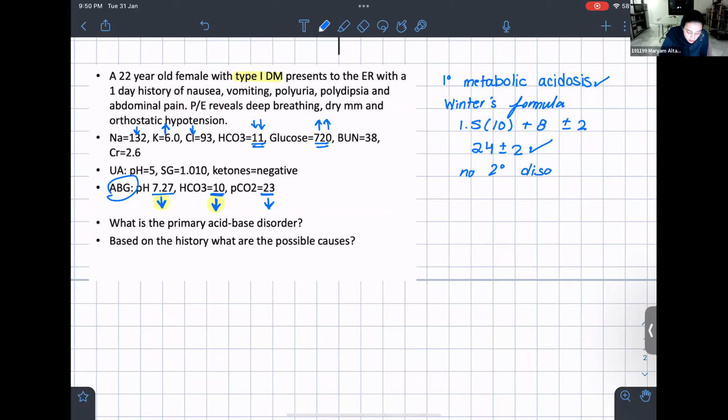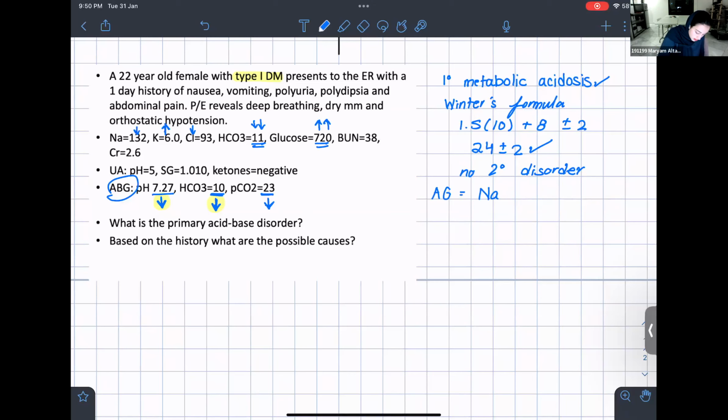We already know that from the history, because it's type 1 diabetes, DKA, it's an anion gap metabolic acidosis. But for the sake of you guys practicing, let's calculate the anion gap anyway. To calculate the anion gap, it's going to be our sodium, minus bicarb plus chloride. Sorry, not plus, my bad.